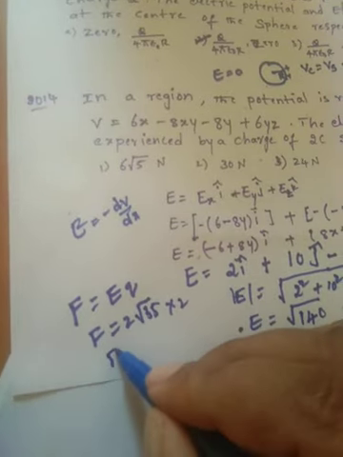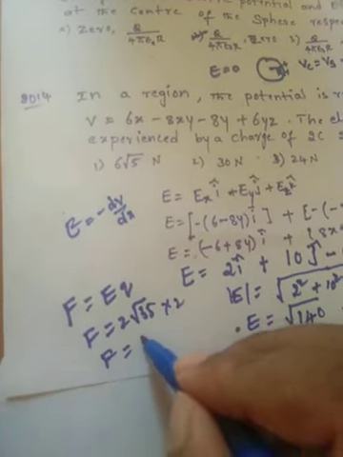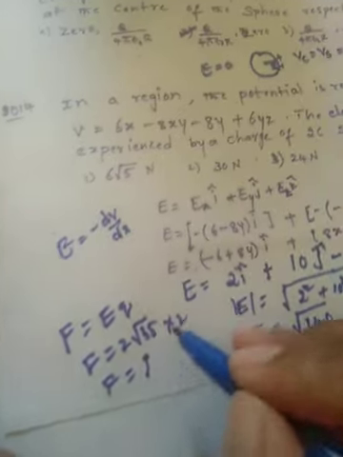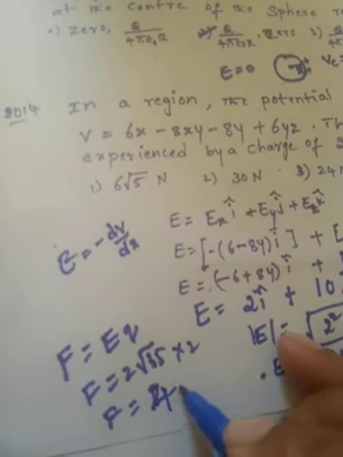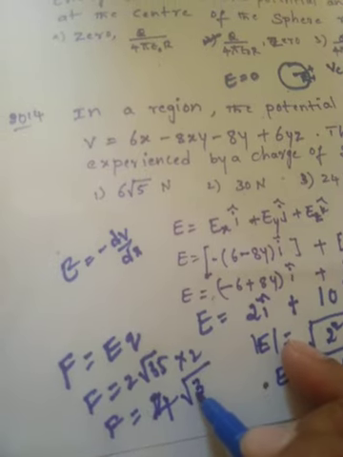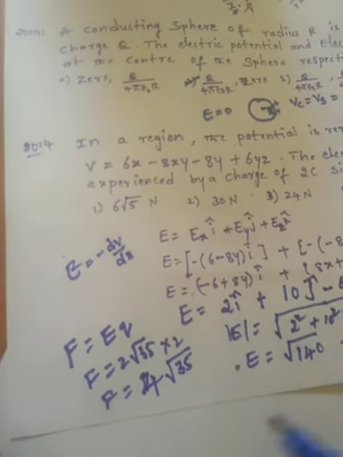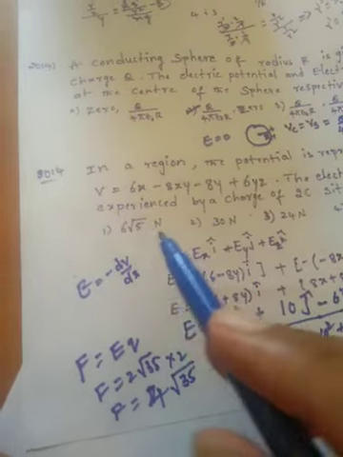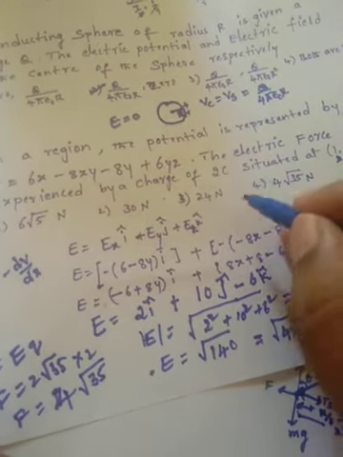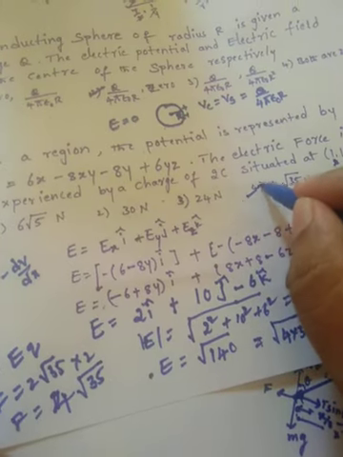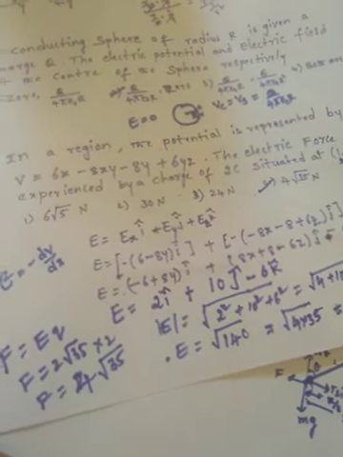So F is equal to 2 into 2, 4. It will be 4 root of 35. So 4 root of 35 newton is the correct answer. Okay, next I will see the next question.